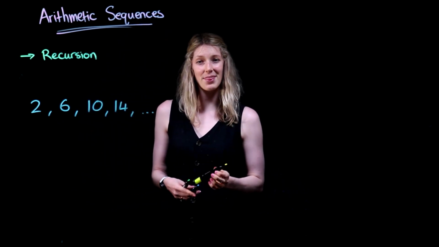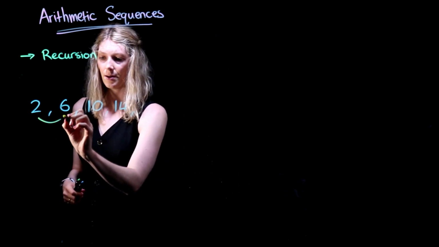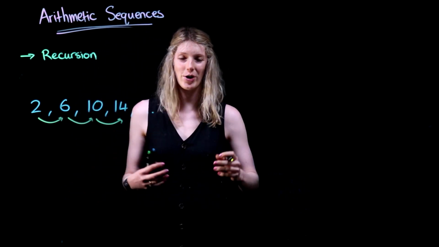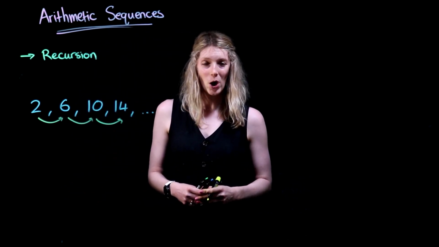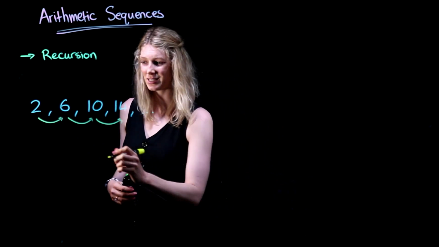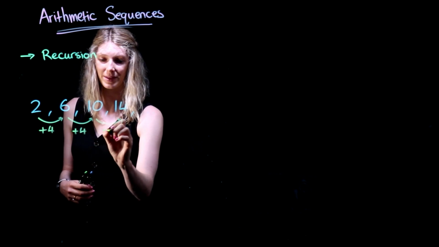We can see that these four numbers form an arithmetic sequence by considering the common difference that occurs between these terms. We can see that each term value we increase by 4.